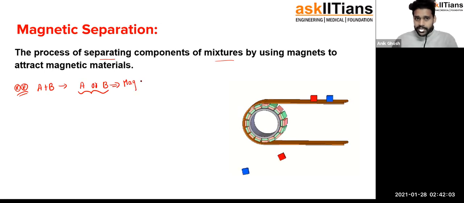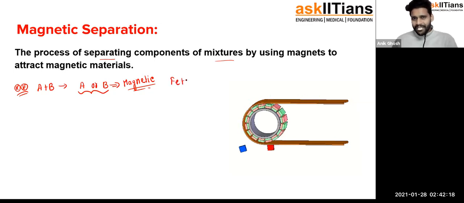Paramagnetic is also the same thing. It is magnetic, like it responds in a magnetic field. So let's consider a mixture of iron and sulfur.